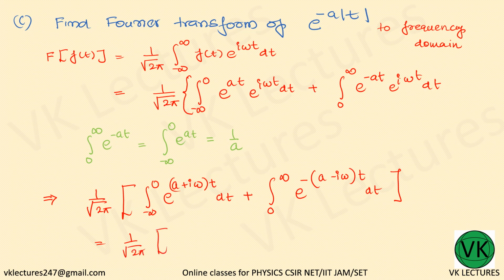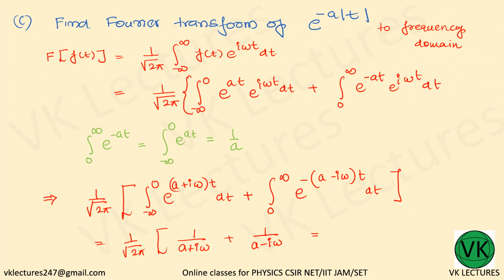This one is 1 by the coefficient of t, so that is 1 divided by (a plus i omega), plus this becomes e to the power minus of something into t. So the coefficient of t is a minus i omega, so that is 1 divided by (a minus i omega).